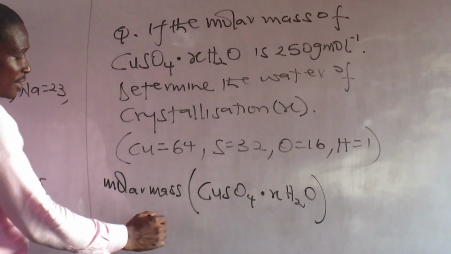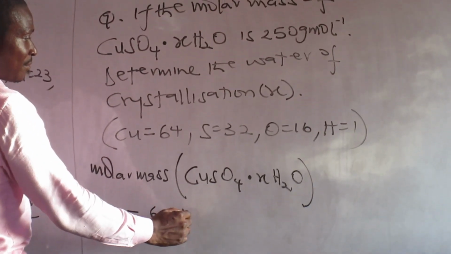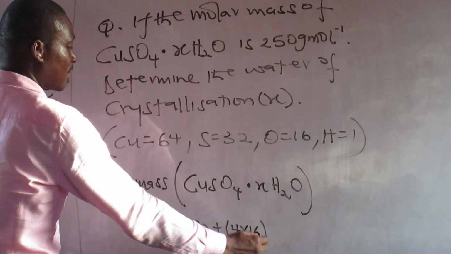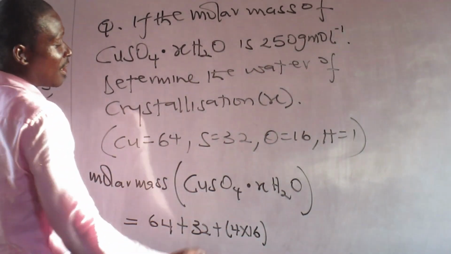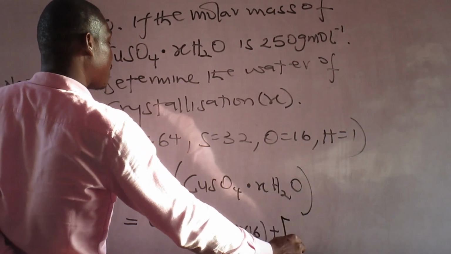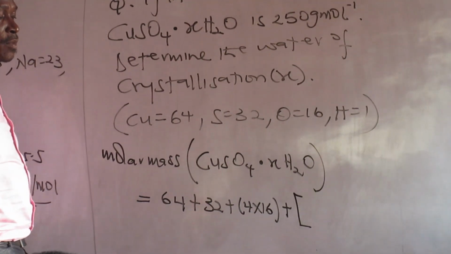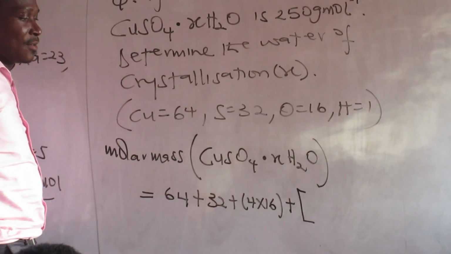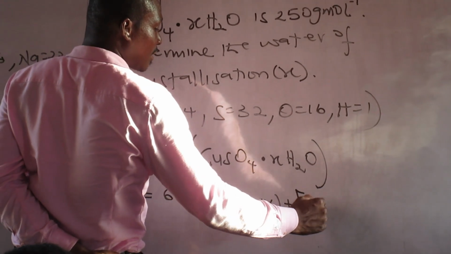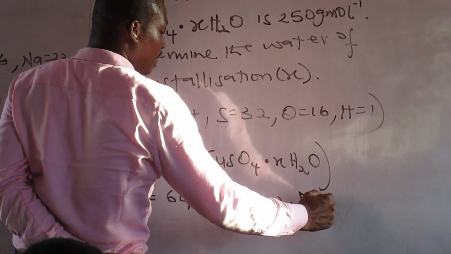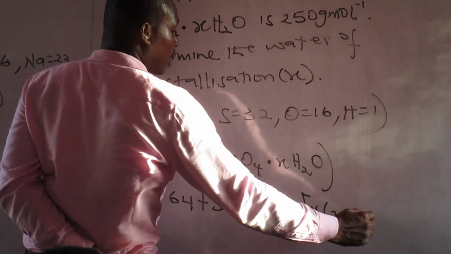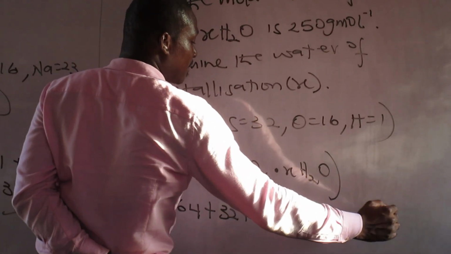So copper is 64, plus sulfur 32, plus oxygen 4 times 16. Now this thing here is still plus, because it's molar mass, we are still adding, right? So that's it. So X out here, we have 2 by 1 plus 16.